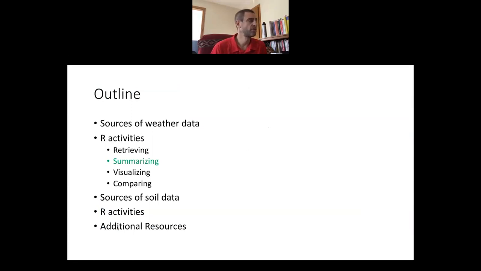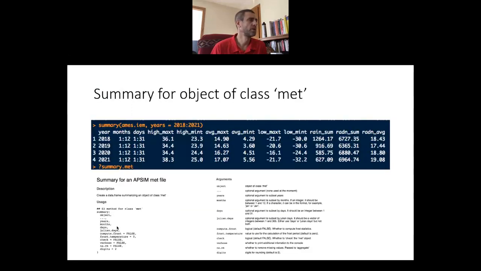The summary function has a number of options that you can search in R, but I'm going to show just one of them. You can select a subset of years from 2018 to 2021, and it will give you summary information for those years. With further manipulation, you could prepare a table like this one for, say, a publication. There are a few other options that you might be interested in investigating.